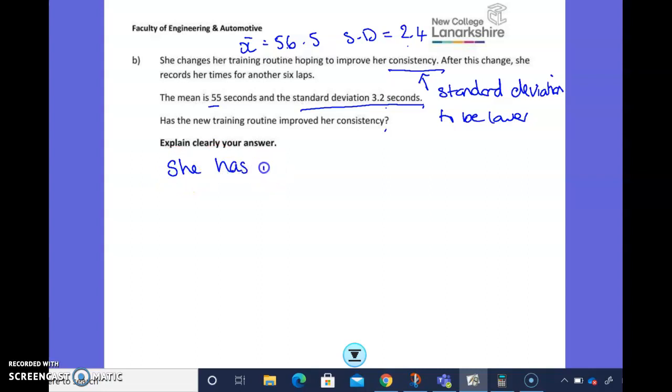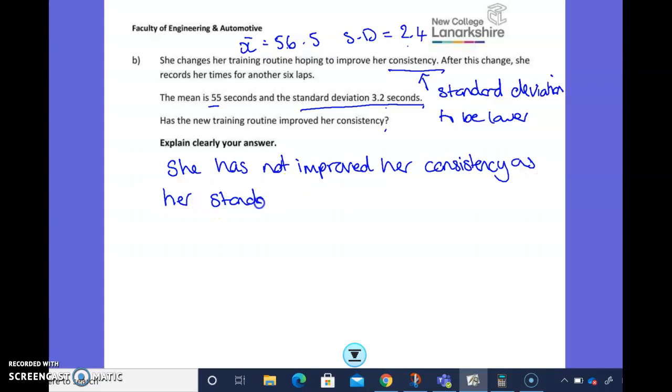So we say she has not improved her consistency as her standard deviation has increased.